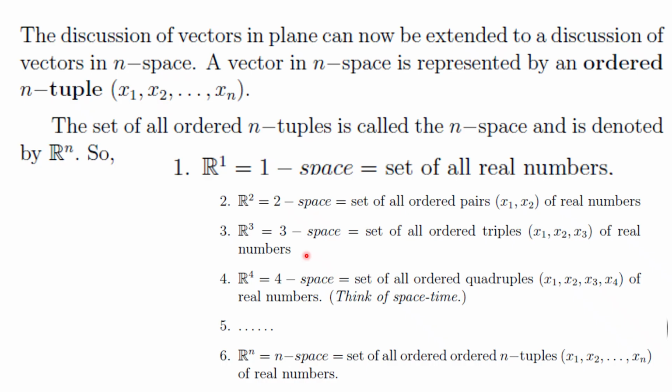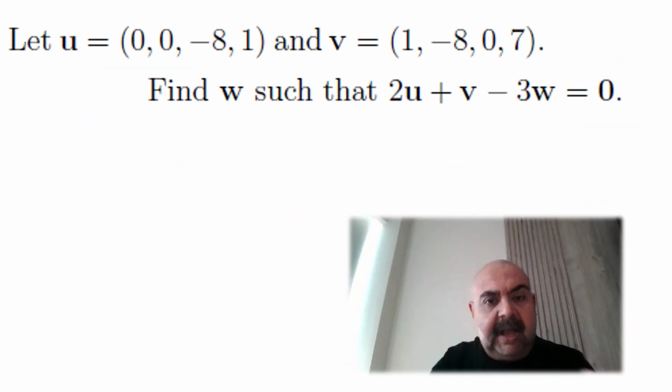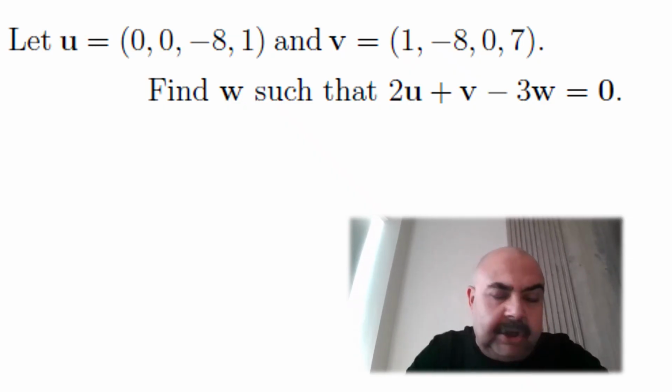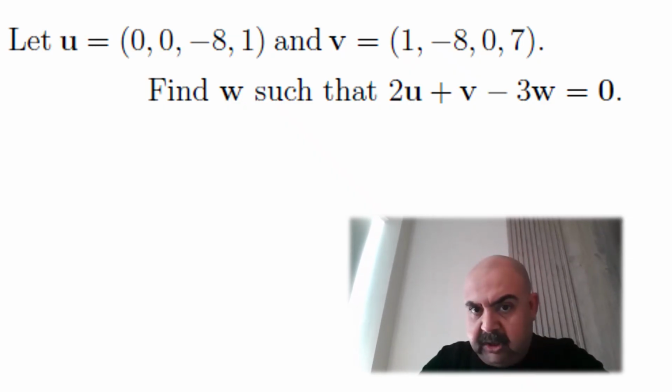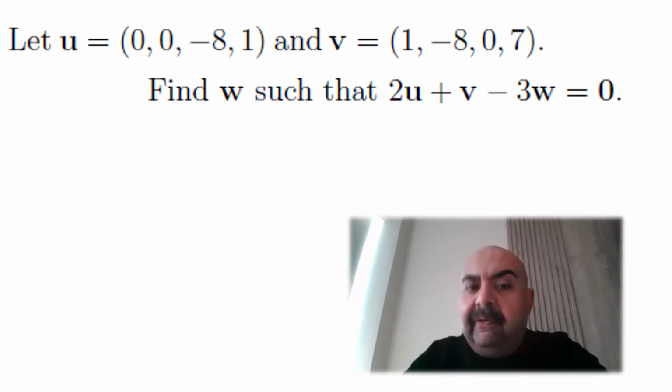So you know that we will have 4 coordinates, x1, x2, x3, and x4, and each one of them belongs to the set of real numbers, and so on. This is one of the simplest definitions about vectors.